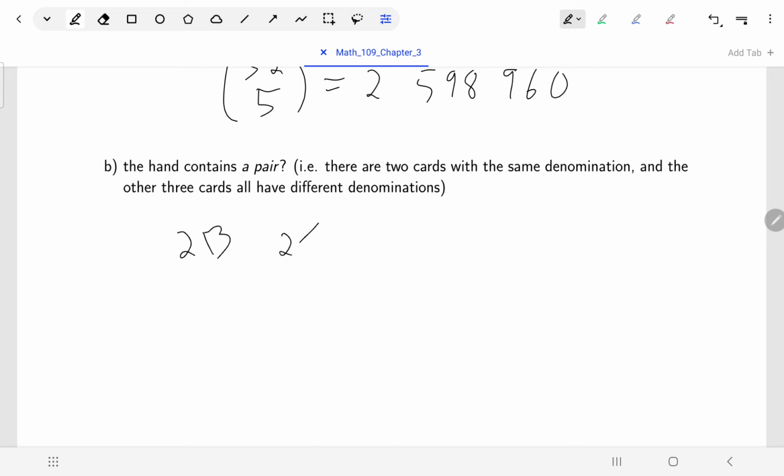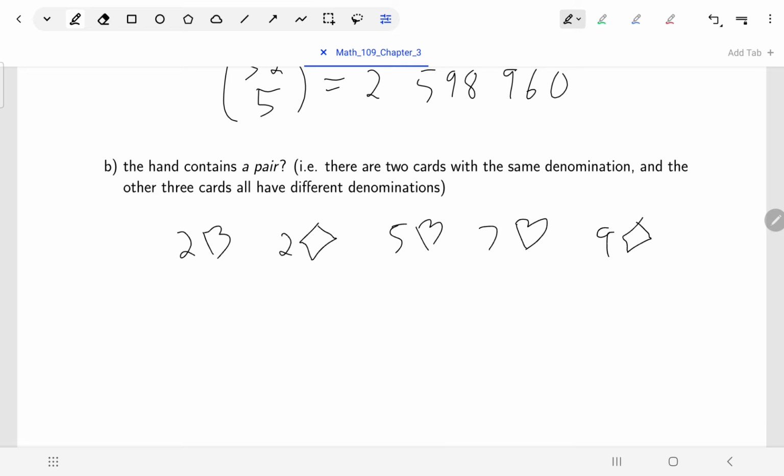I cannot draw a diamond very well. There we go, that's better. And let's say you've got a 5 of hearts, a 7 of hearts and a 9 of diamonds. That would be a pair. You have 2 cards with the same number on them and the other 3 are all different.